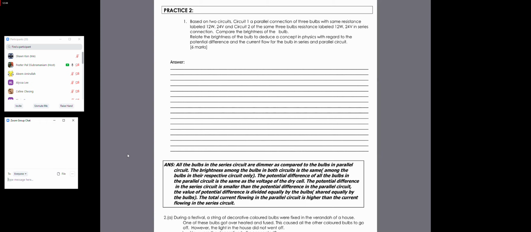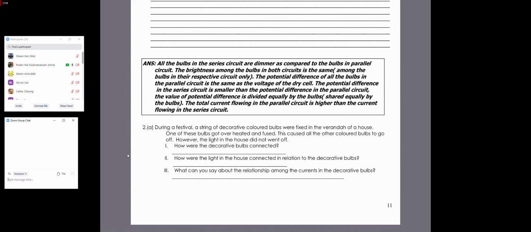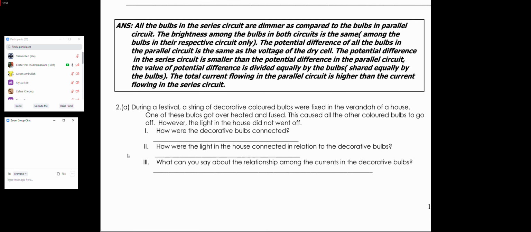Okay, now look at number 2. During a festival, a string of decorative colored bulbs were fixed in the veranda of a house. One of these bulbs got overheated and fused, gone, boom.